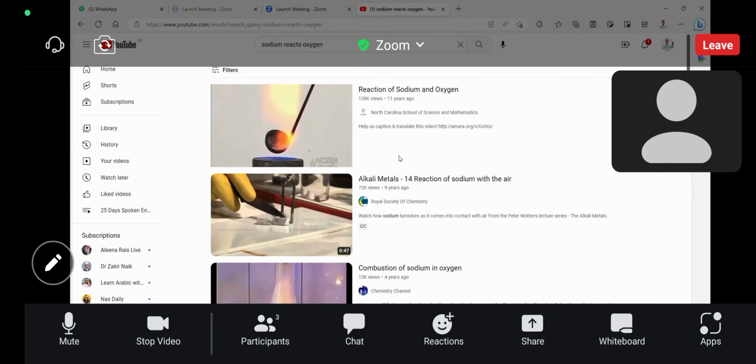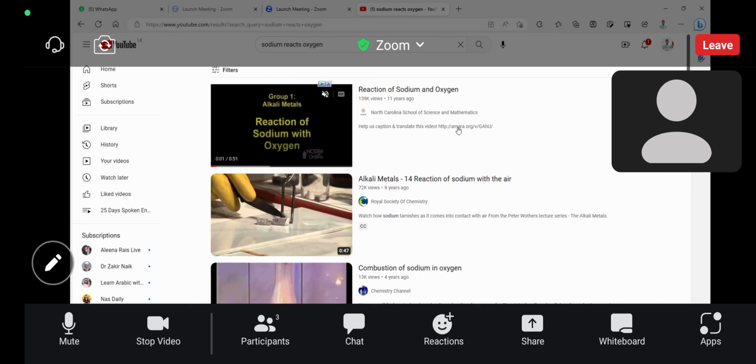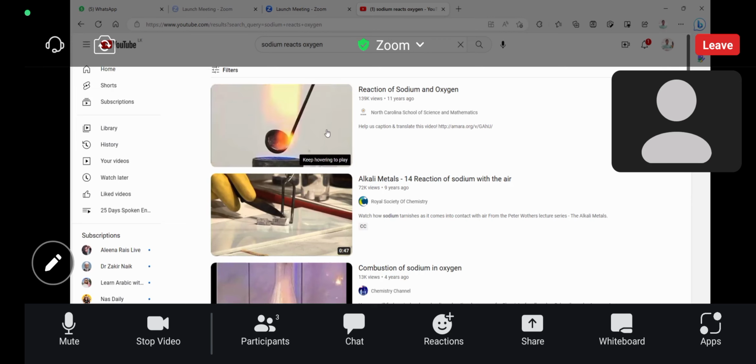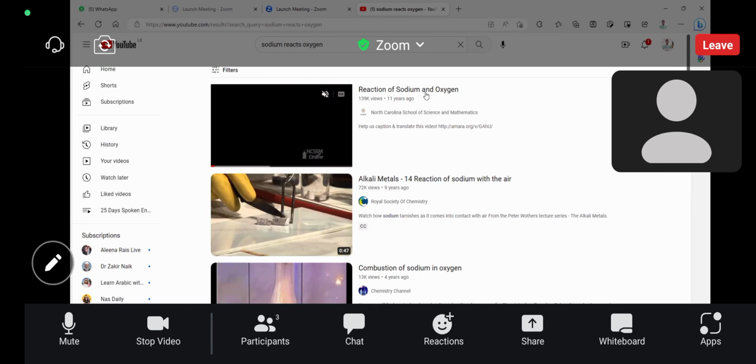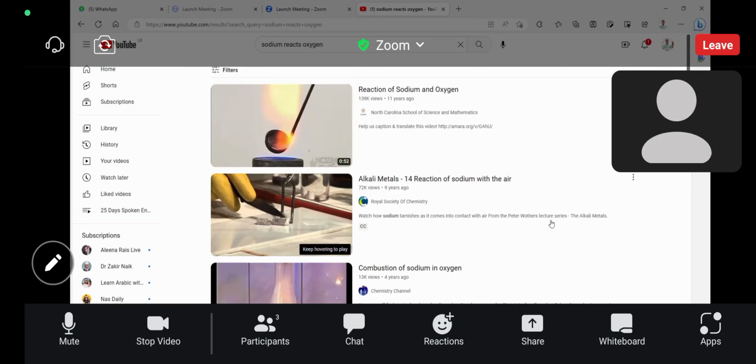Now you can see the screen. Here you can see, when sodium reacts with oxygen, the orange color fume. Do you want to watch that video so that you can memorize it? By illustration you can understand. Let me share the sound as well.